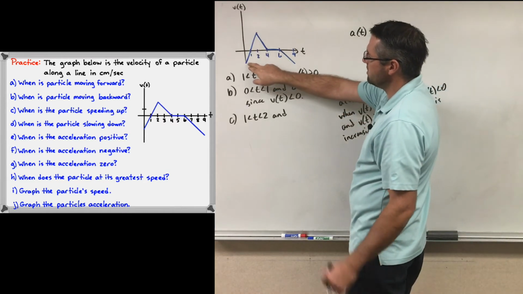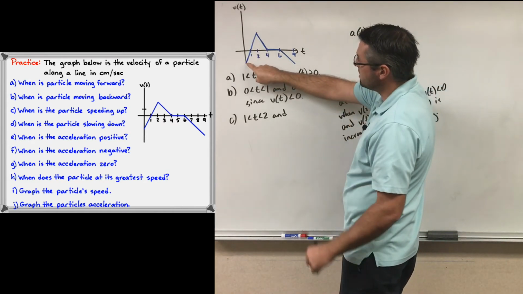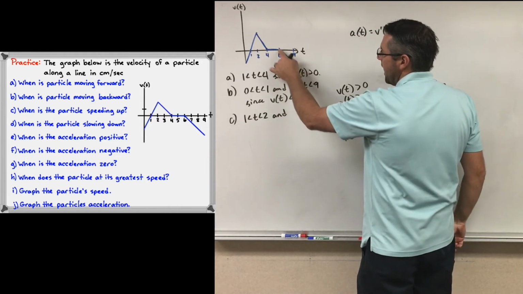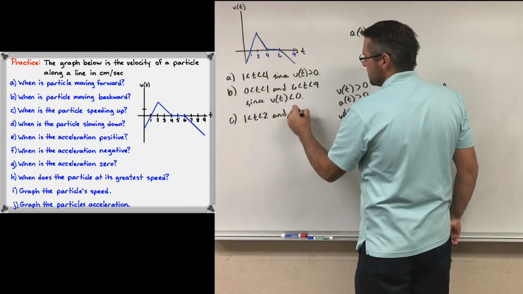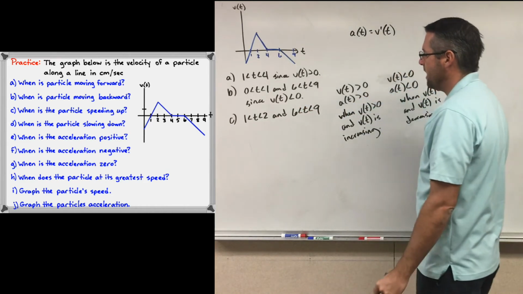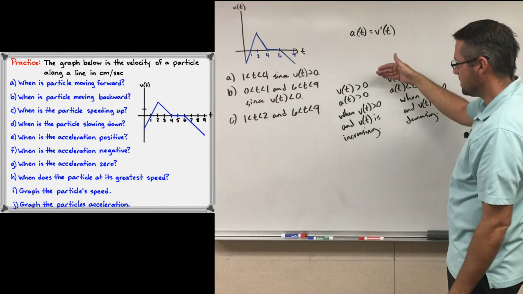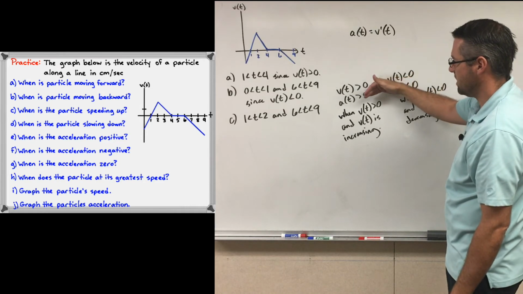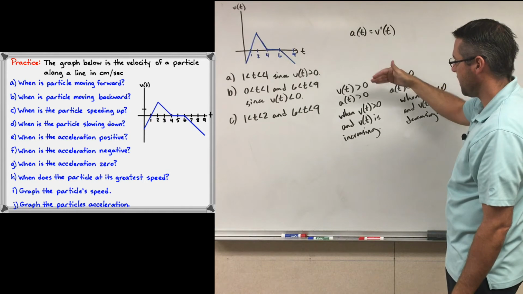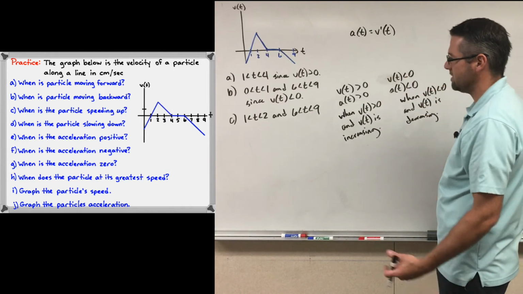Here velocity is negative, but velocity is increasing there, so that doesn't work. Velocity is negative and decreasing there, so we'd say from 6 to 9 as well. And the justification for C would be that velocity and acceleration have the same signs, because velocity is positive and increasing or negative and decreasing.